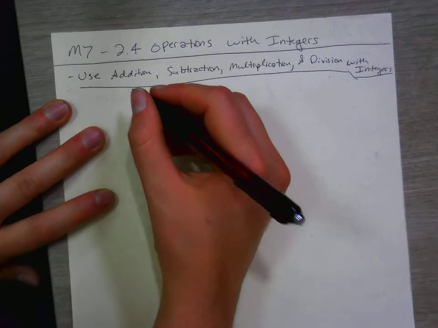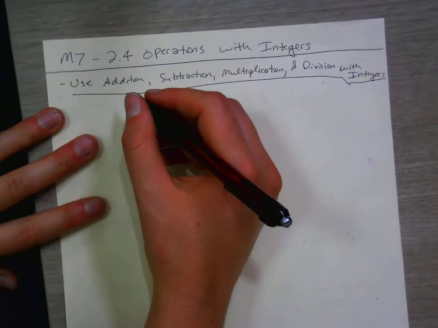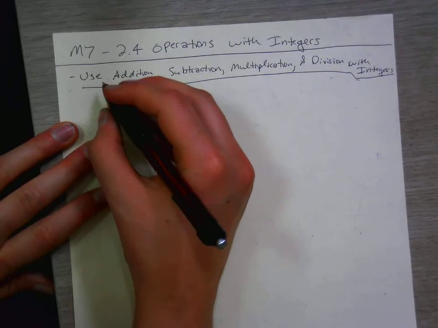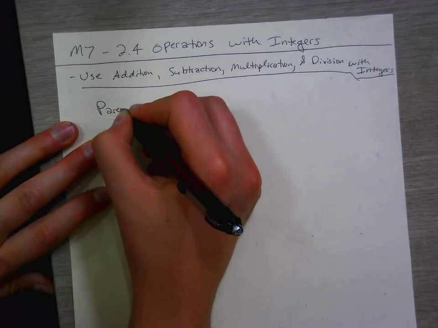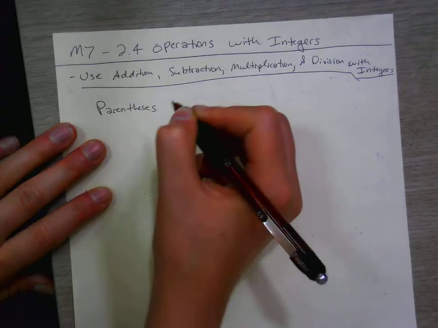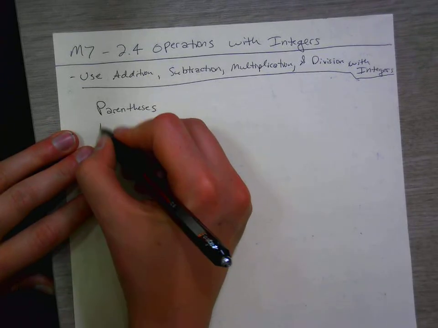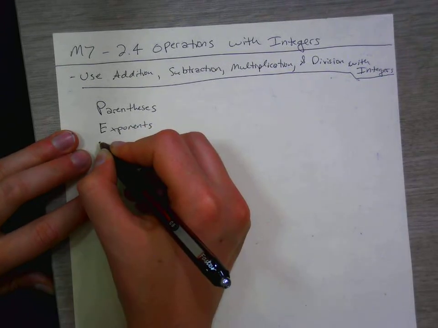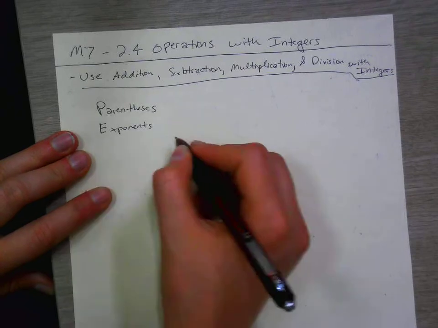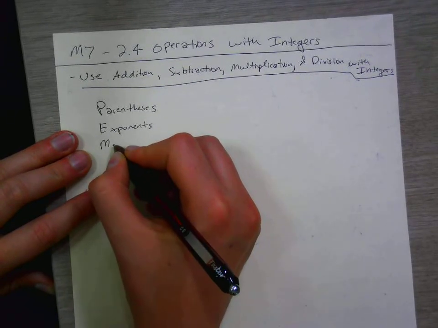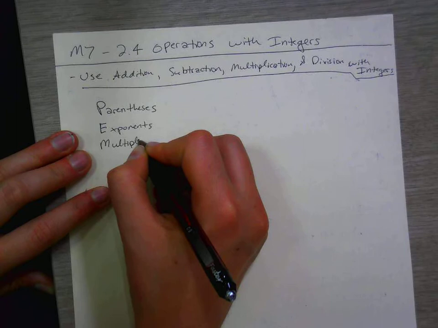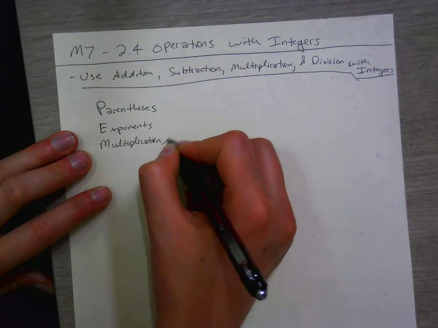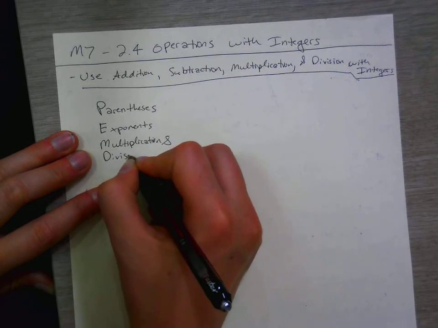The order of operations for integers is the same as the order of operations for whole numbers, fractions, and decimals. So first, you're going to look at P, parentheses. Then you are going to do exponents. Next, you will do, from left to right, multiplication and division.